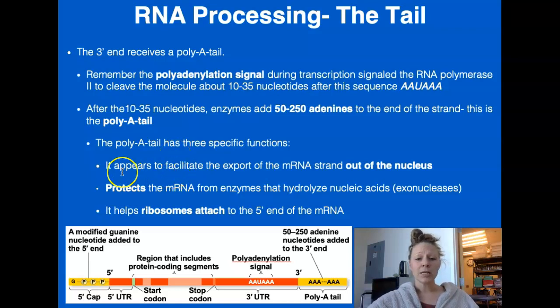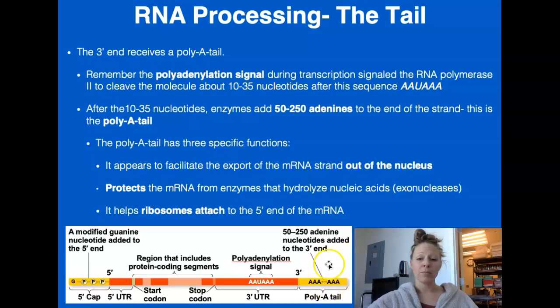The first one is that it seems to facilitate the movement of the primary transcript out of the nucleus. So it's the message that is able to leave the nucleus, and it is helpful because this poly A tail is there. It also is going to protect the mRNA, once again, from those exonucleases.